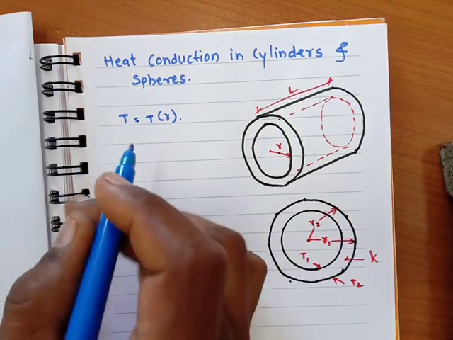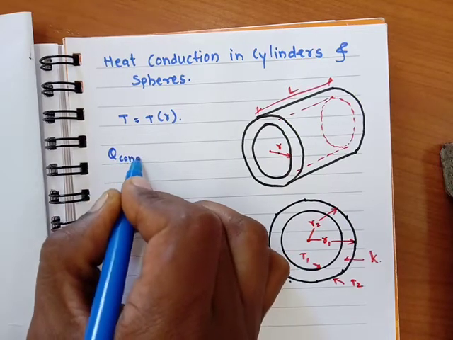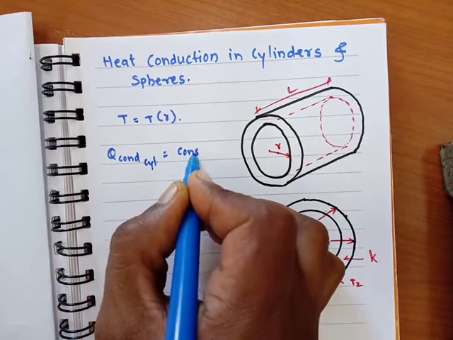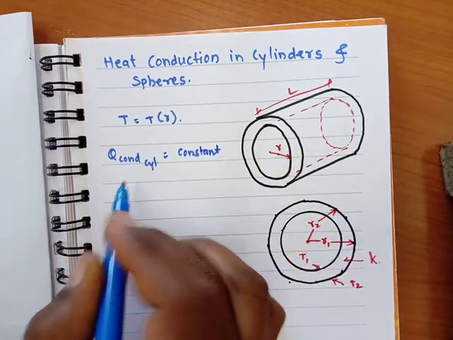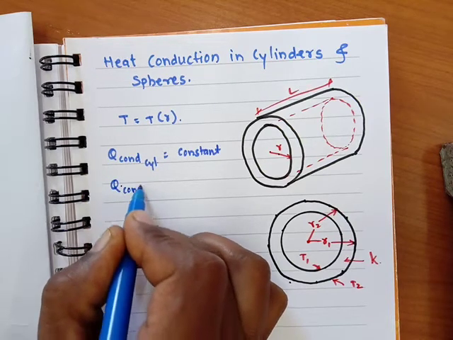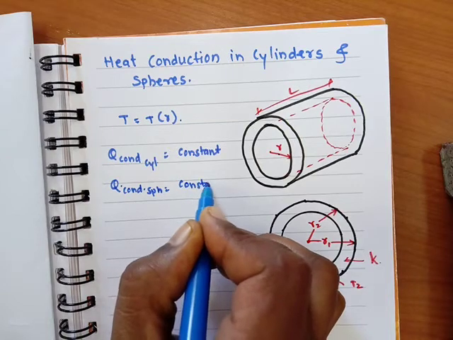If you consider steady heat transfer, Q conduction in the cylinder will be considered constant. This is similar for a sphere also. So Q conduction for a sphere is also constant.